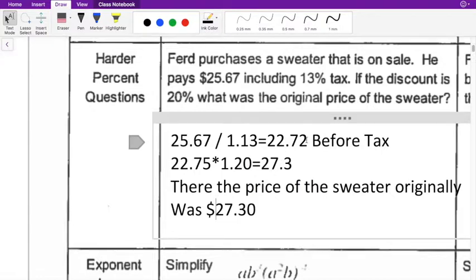Okay. So if we look back here, to go backwards, instead of doing times, we're doing divide. We're dividing by 1.13 to get back to the price before the sales tax. Then, instead of timesing by 0.2 to find how much was taken off, we times by 1.2 to put back on that 20%.